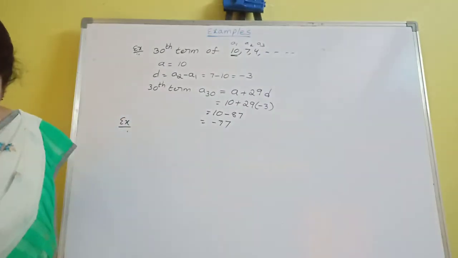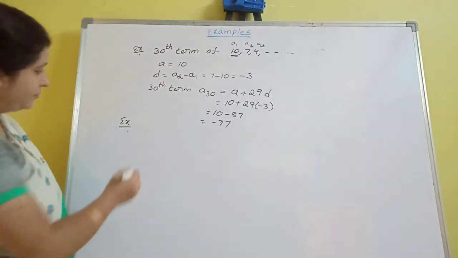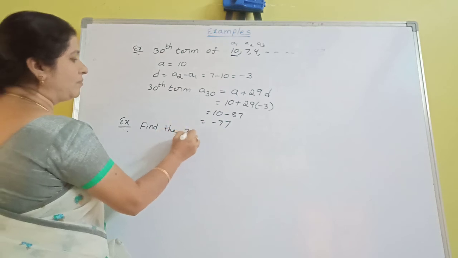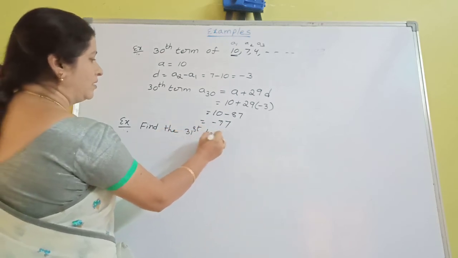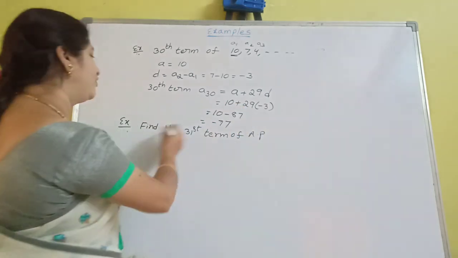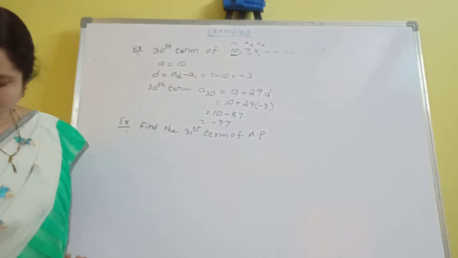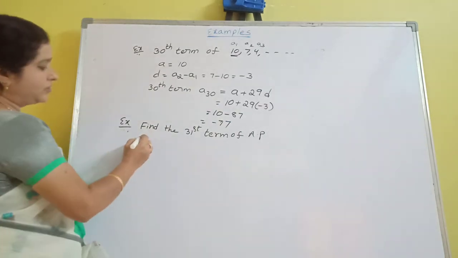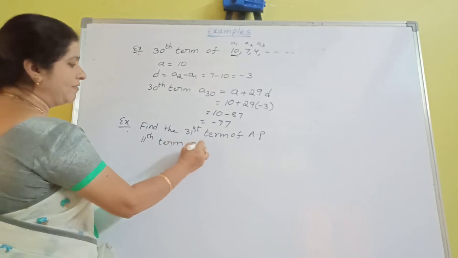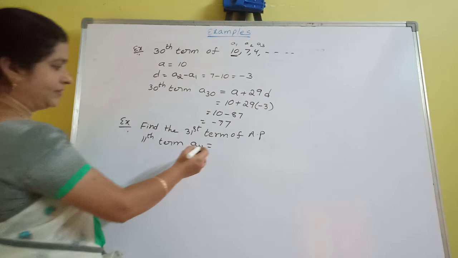Suppose, find the 31st term of AP. What is given? You have to find the 31st term. What are the given values? Given only two values. 11th term is given. So 11th term is A11. Given A11 value is 38.